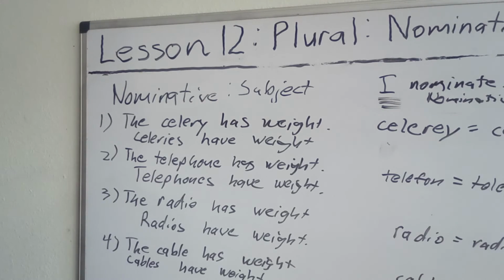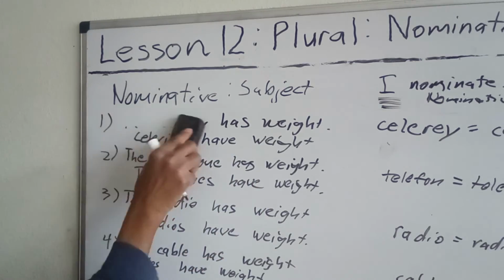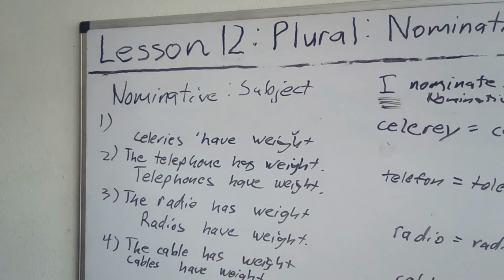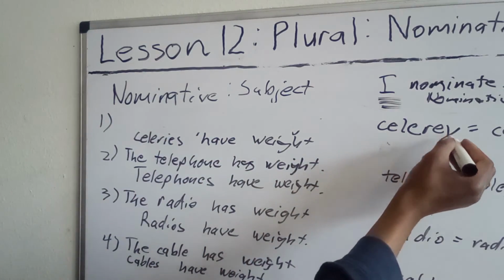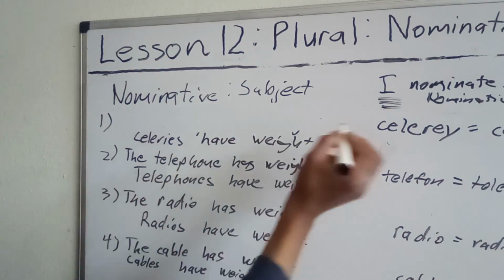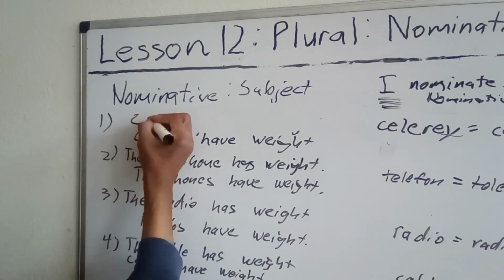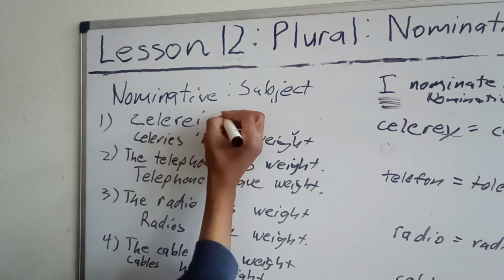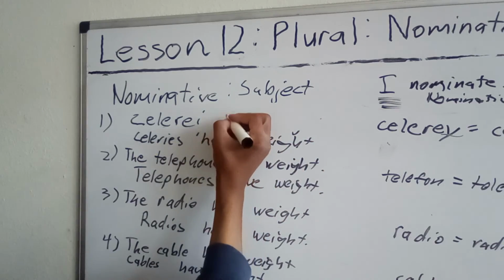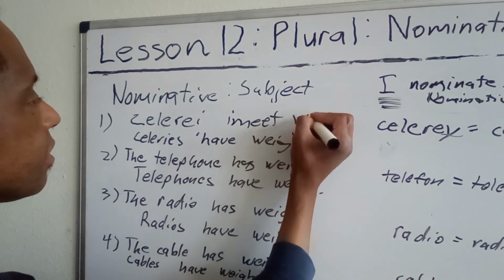Okay, you ready? Let's go over it. Celeries have weight. First, most times we just change the ending to E. So celery becomes celerie, and they have weight.